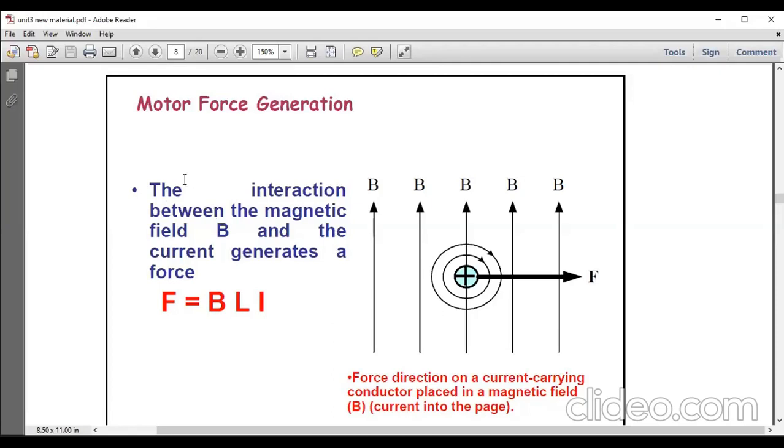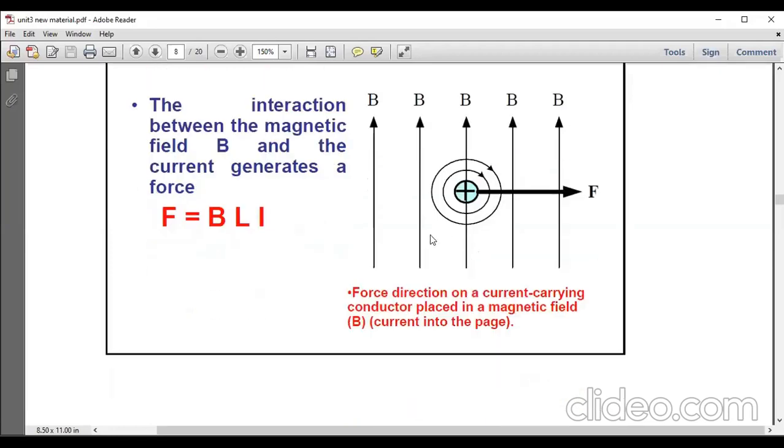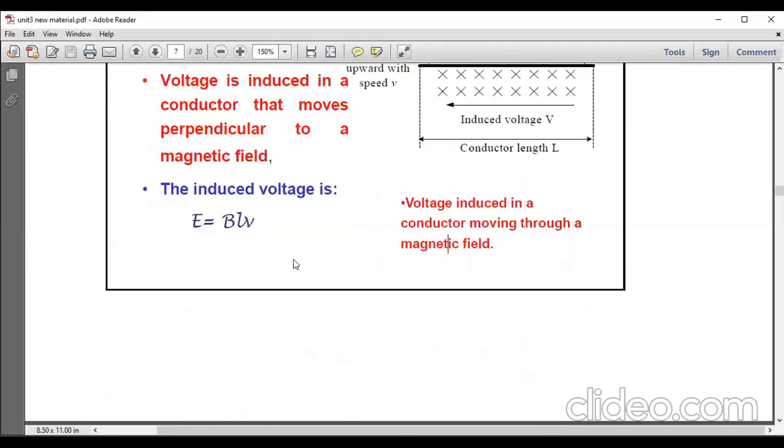The interaction between the magnetic field B and the current generates F equal to BLI. So F equal to BIL. That is the usual term we define. One more thing: if you want to know the EMF induced at a particular angle, we can write the equation as E equal to BLV sine theta.